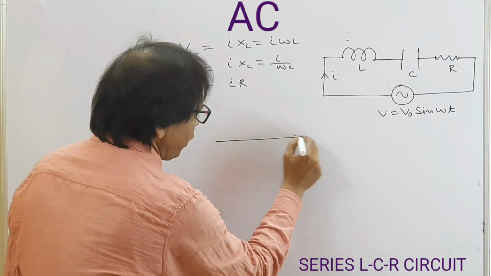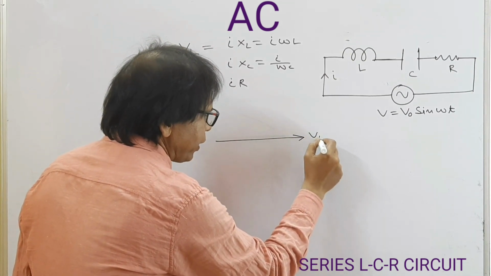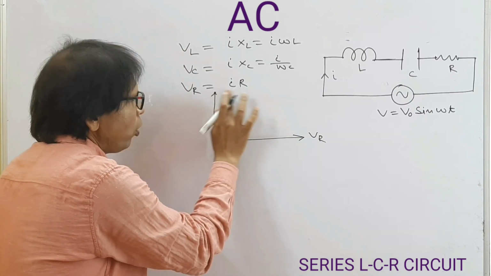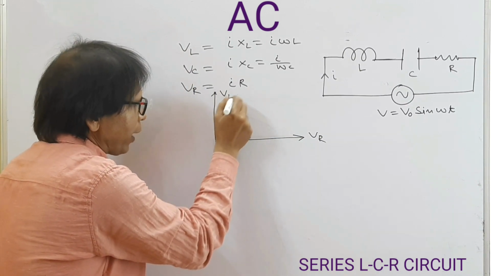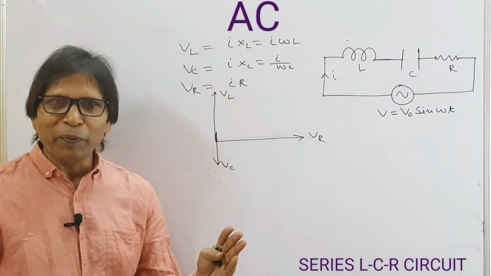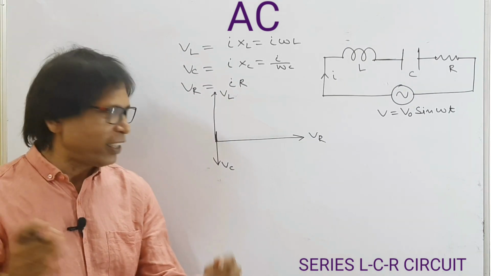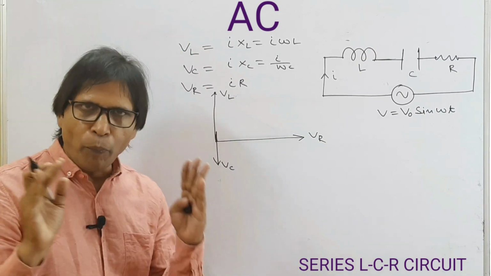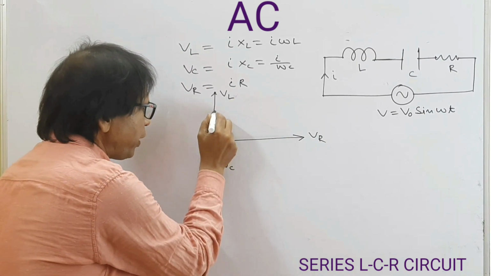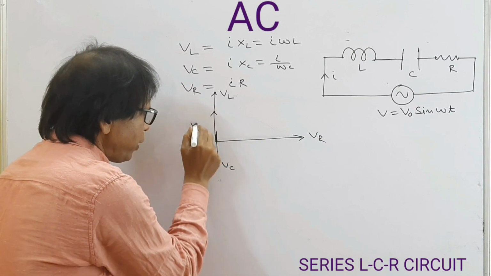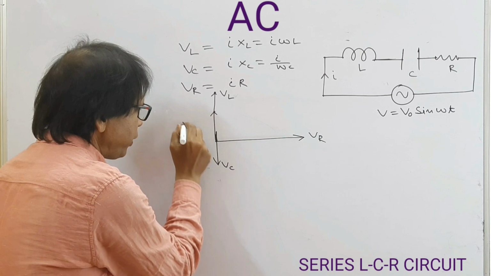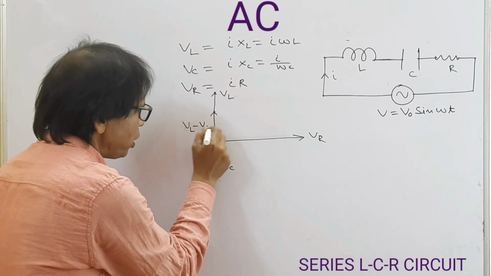If VR is represented along the x-axis, then VL should be represented along the positive y-axis and VC along the negative y-axis. So look at this, VL and VC are in opposite phase. So this represents VL minus VC.